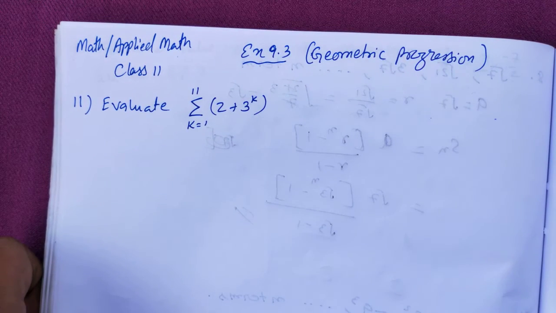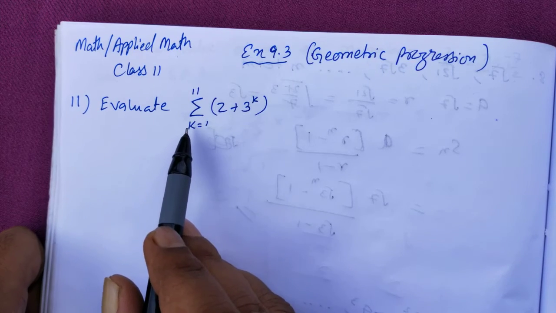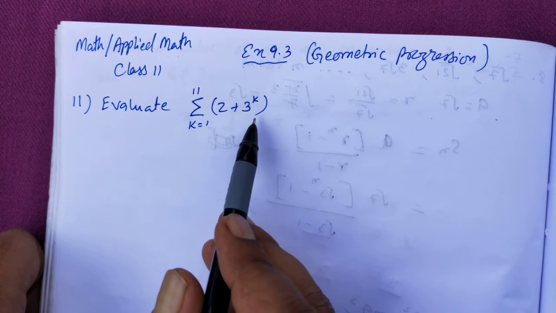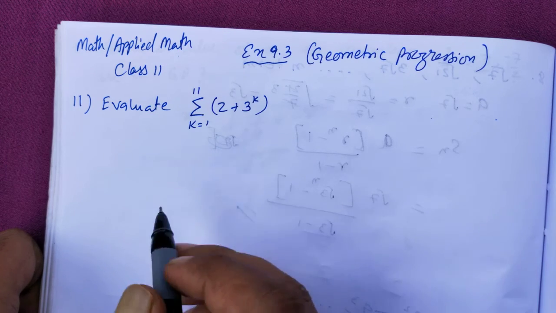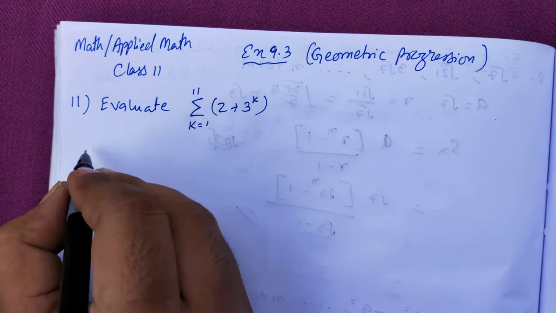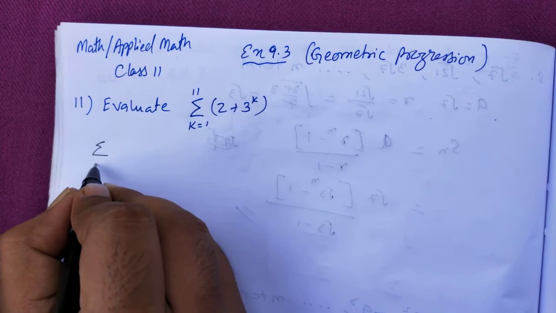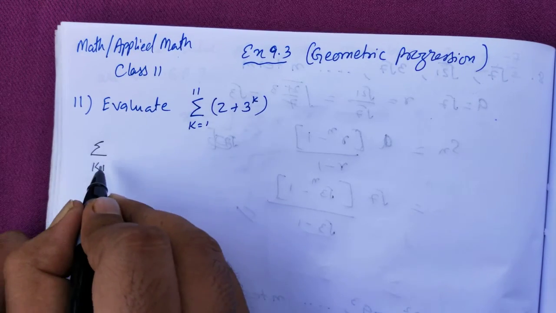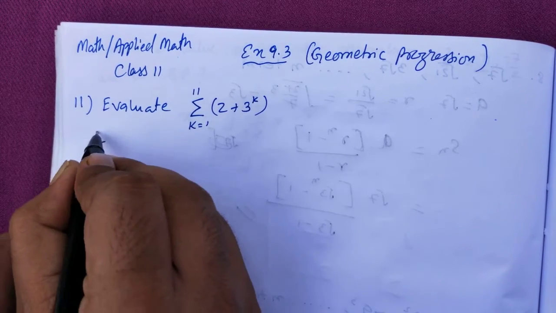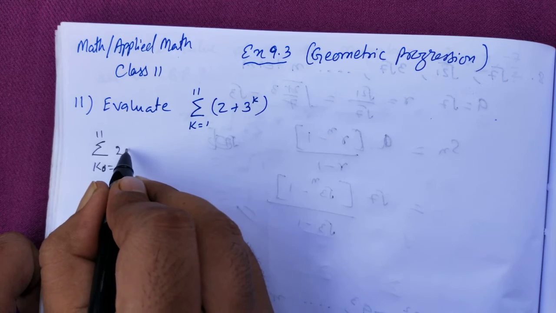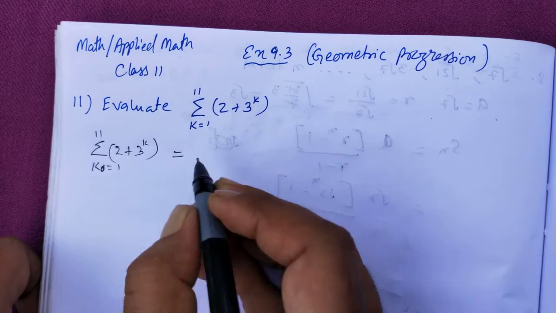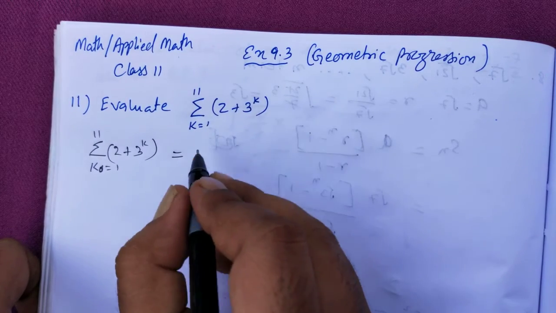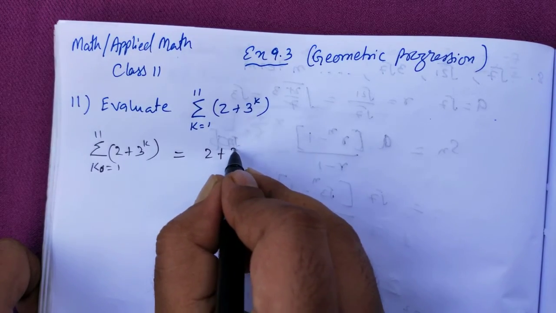Question number 11. This symbol is called sum, okay? From K equal to 1 to 11 they have given. You are going to find this. That means K equal to 1 to 11, 2 plus 3K can be written as, when it is 1, it will be 2 plus 3 power 1.